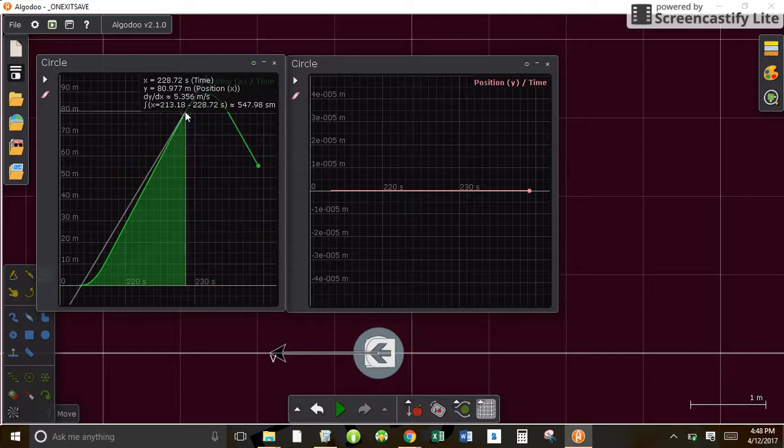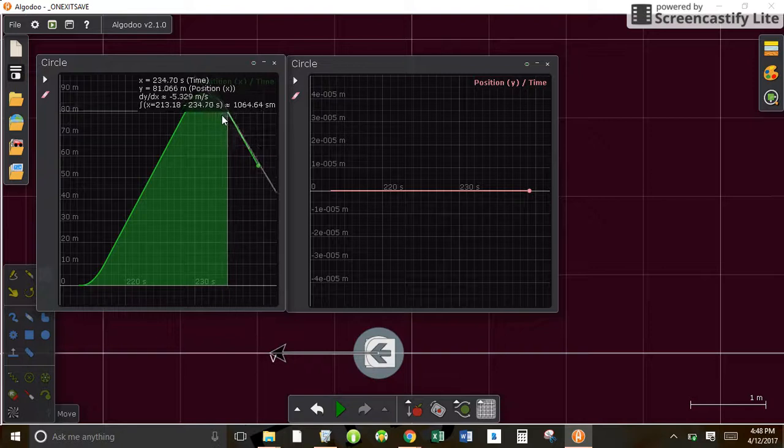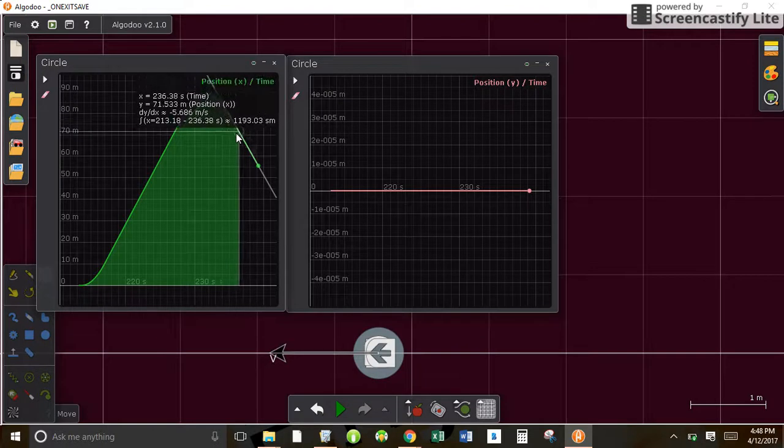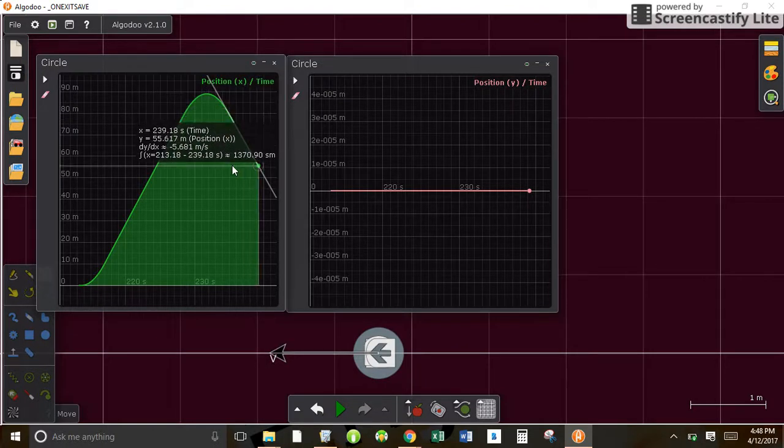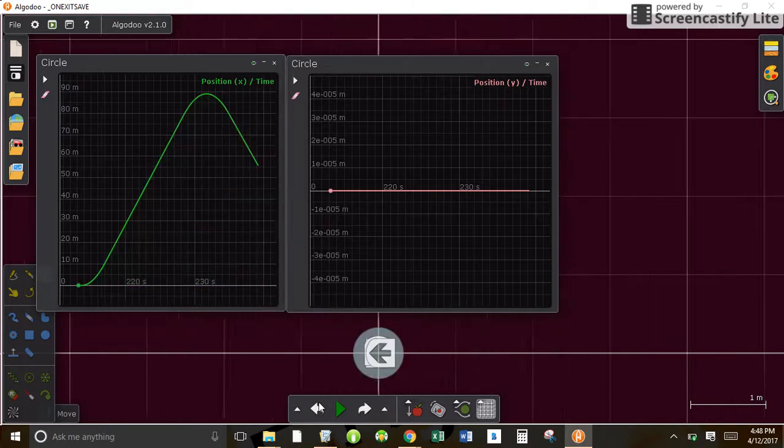But you can see that as we pushed on it to the left, it slowed it down, causing the position graph to get a curve. And then we let go and it became straight again. It stopped curving. So we can see that all along there. Cool, huh? All right, let's put it back to where the origin was.